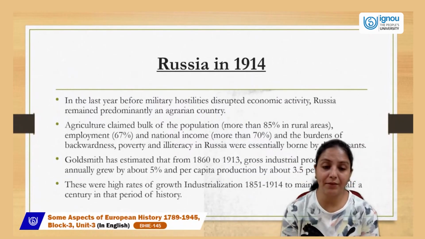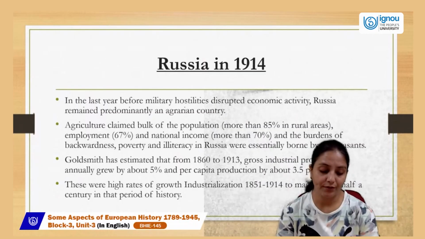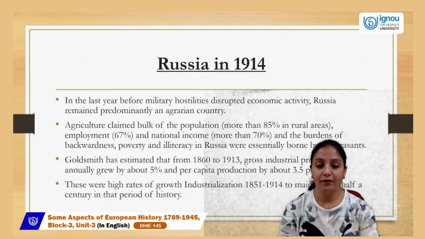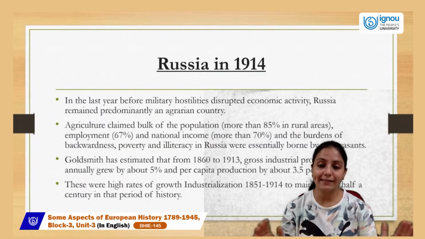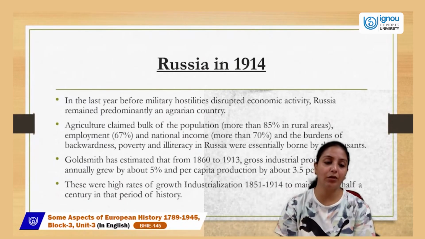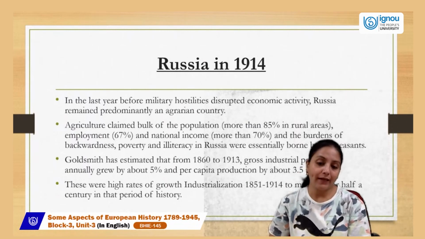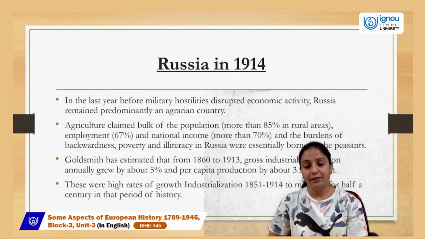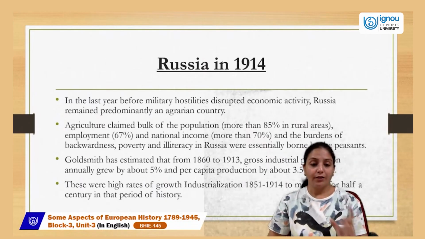Goldsmith has estimated that from 1860 to 1913, gross industrial production annually grew by about 5% and per capita production by about 3.5%.